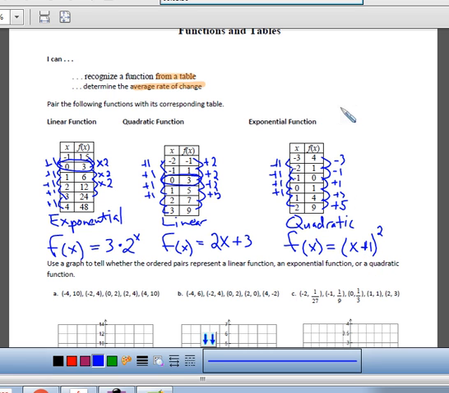Another way this formula could be written is f of x equals, if I want to expand that, x squared plus 2x plus 1. But we don't need to expand it. This is fine.